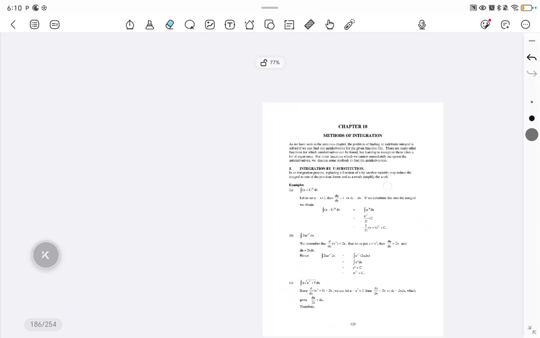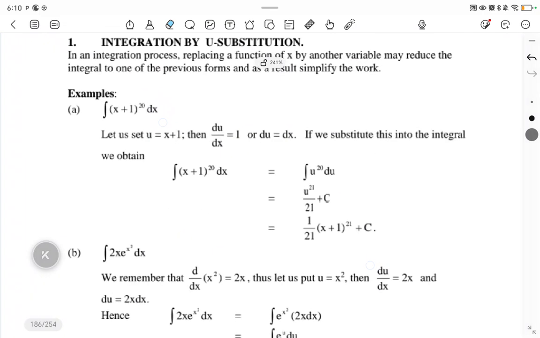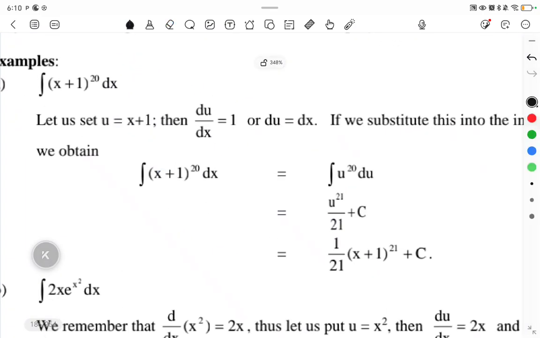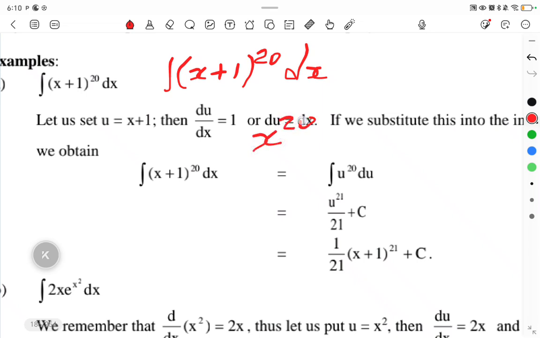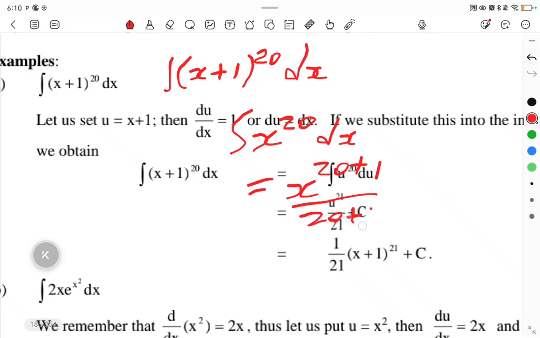Now the idea behind this: I'm given the integral of x plus 1 to the 20 dx. We know that according to how we were solving back then, if it was x to the 20, I would integrate this and say that this is x to the 20 plus 1 over 20 plus 1 plus c.